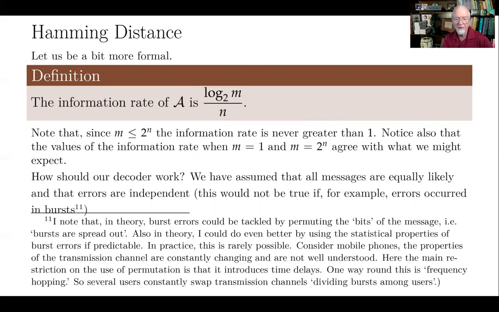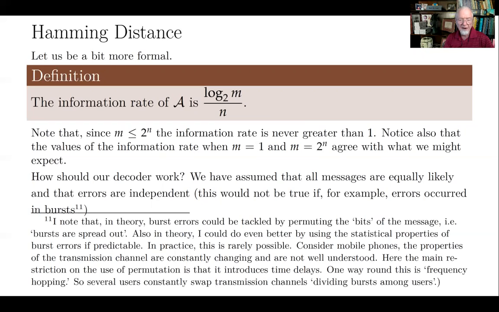We assume that all messages are equally likely and that errors are independent. Now, this is actually not very reasonable. In most systems, you get what are called burst errors.